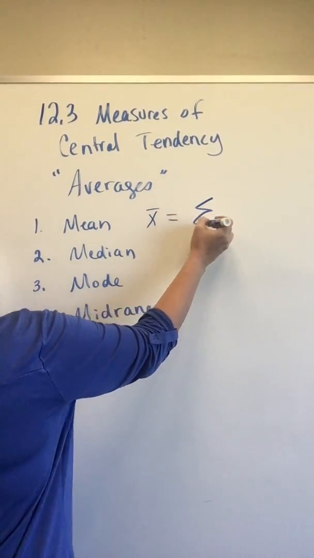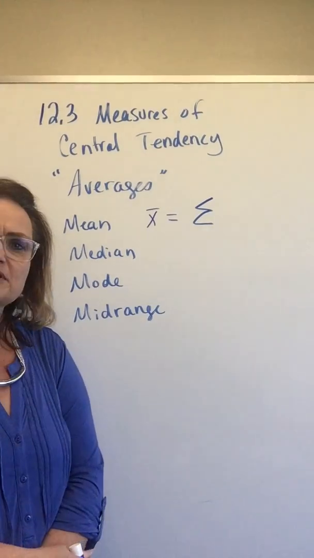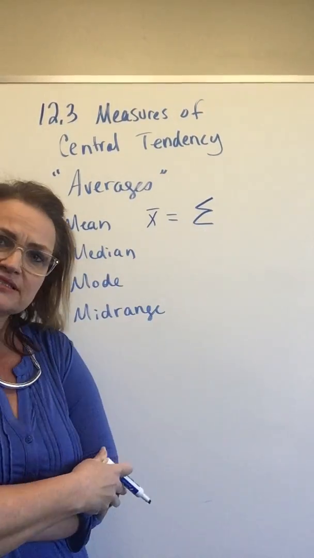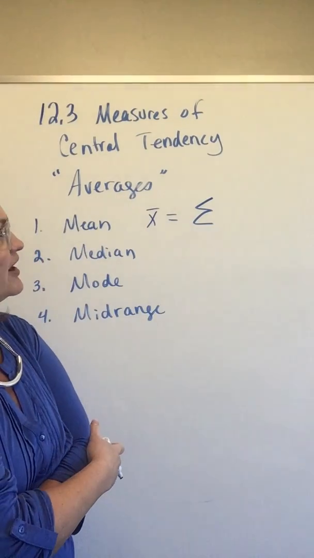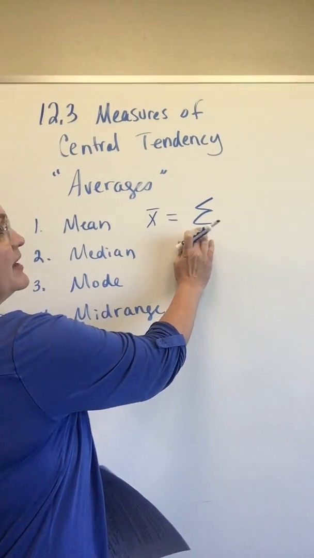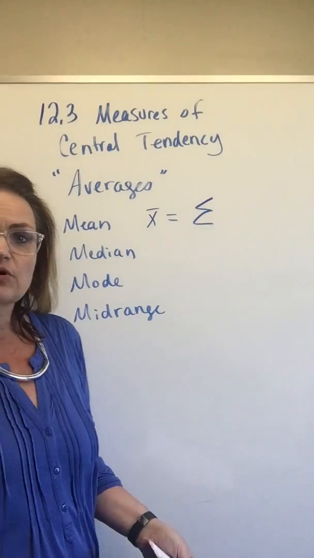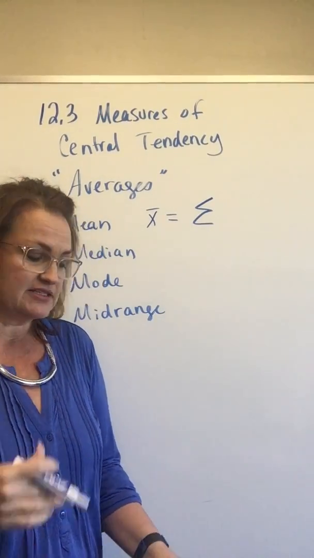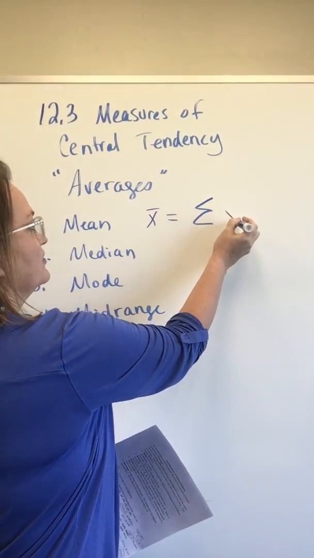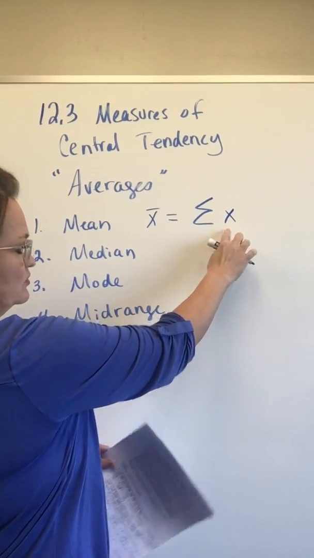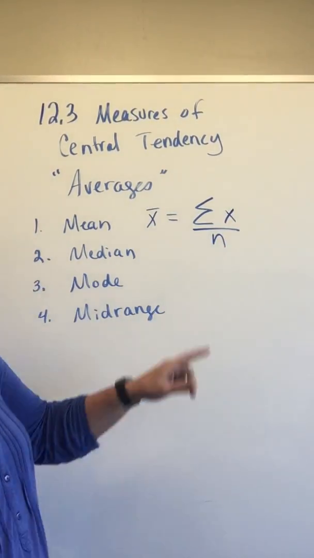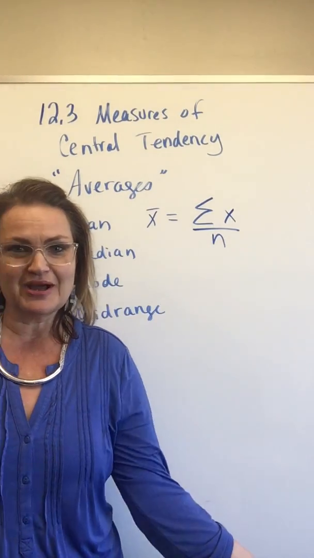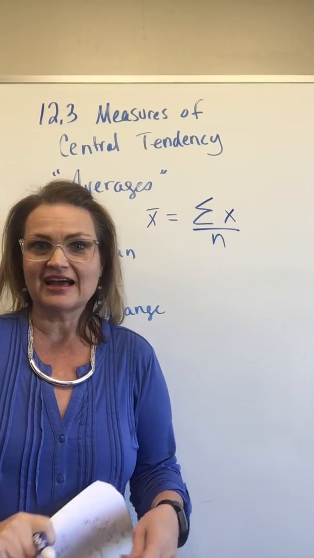The summation symbol is like a large E, or epsilon in the Greek alphabet. That's a quicker way, instead of writing out add up everything, to say we're going to sum all the pieces of data and then divide by how many numbers were present. That's a more official way of saying how you find the mean.